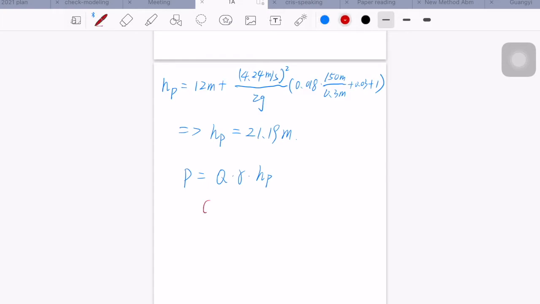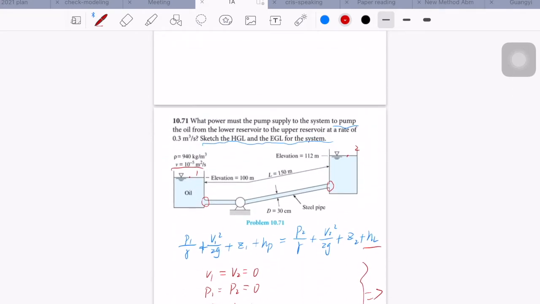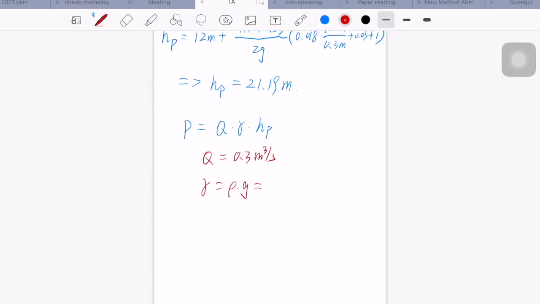We know Q is 0.3 cubic meters per second, and gamma should be equal to rho times g, where rho is, let me check, 940 kilograms per cubic meter, times 9.81 meters per second squared.